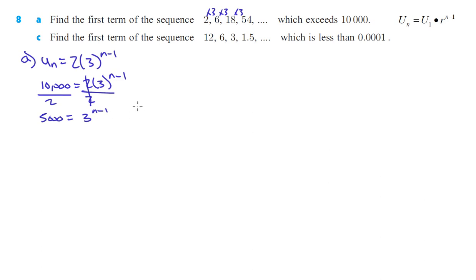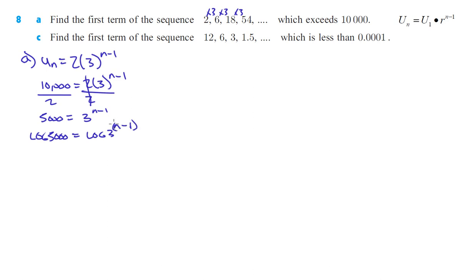Now, once you find that your variable is an exponent, we need to use logarithms, right? So we get log 5,000 equals log 3 to the n minus 1.